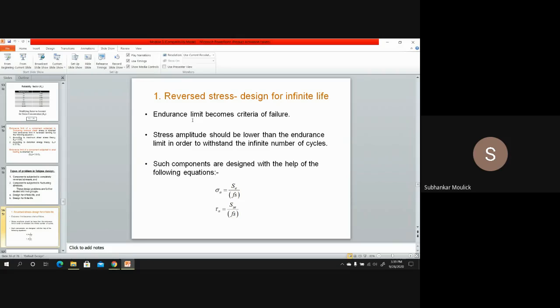It will not sustain the infinite life condition. So you have to make sure that the stress amplitude you are calculating for your design procedure is always lesser than the endurance limit value. Is it clear?